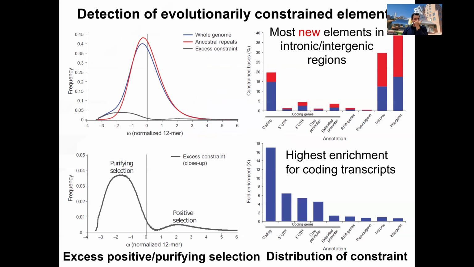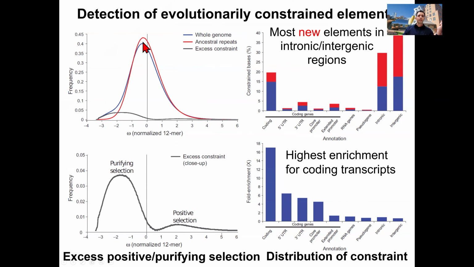Okay, so that basically means that I can now start asking, given, say, the pattern of constraint or the rate of evolution, is there some excess constraint on one side of the curve?